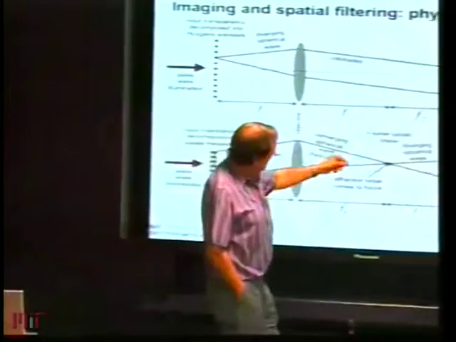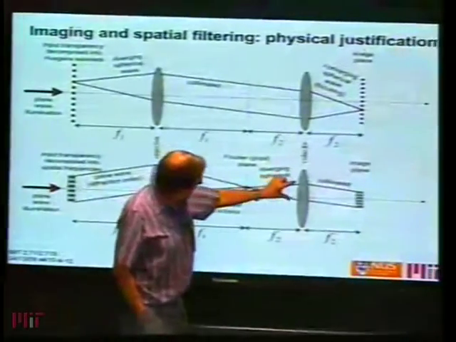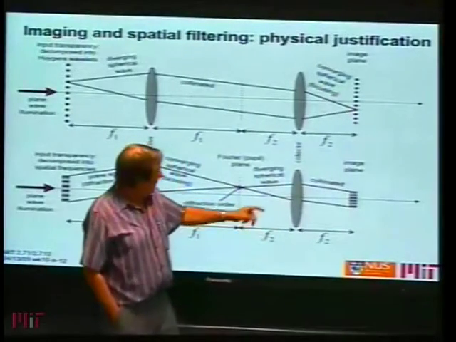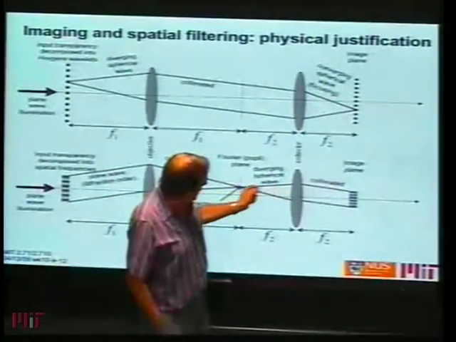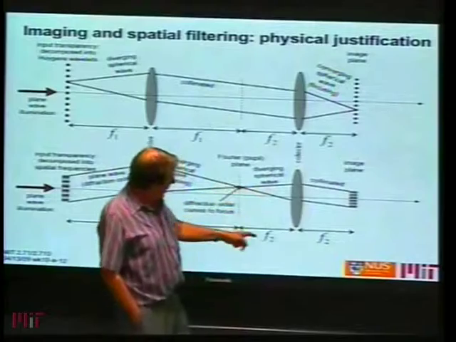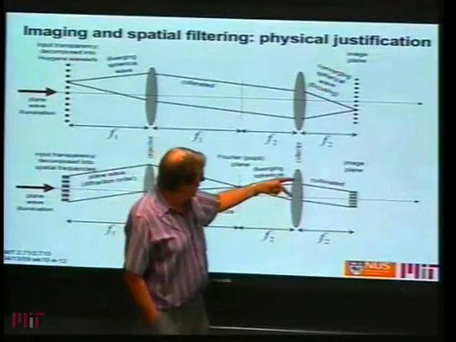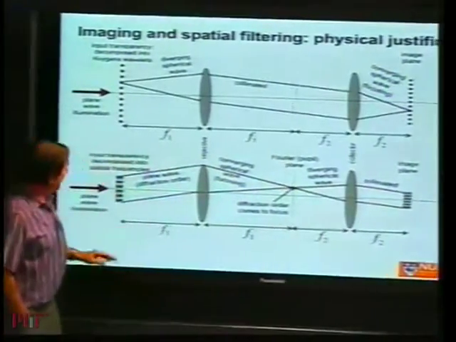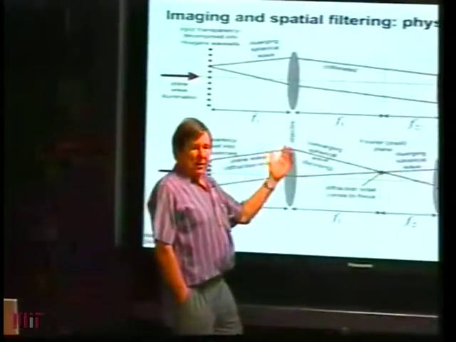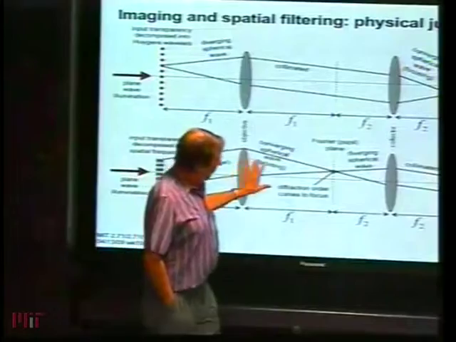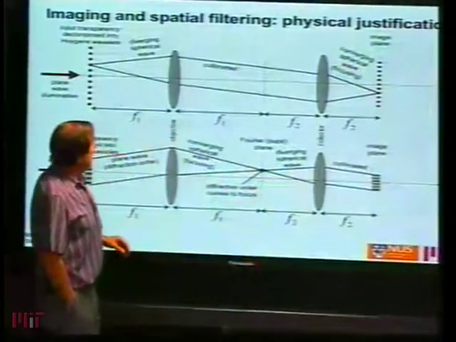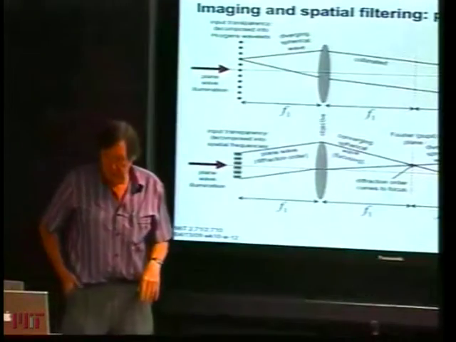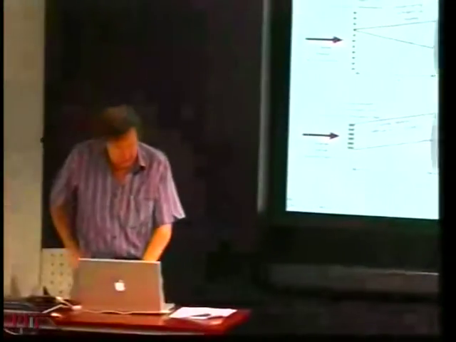And then after that, of course, it doesn't stop, but it carries on, diverges again, reaches the second lens, and then the second lens, because this is a spherical wave coming from a distance f away, is converted into a plane wave again. So again, you've got this nice symmetry between what goes in and what comes out. So there are these two really different ways of thinking about how this is all going on.